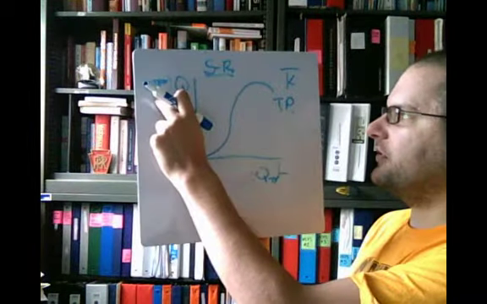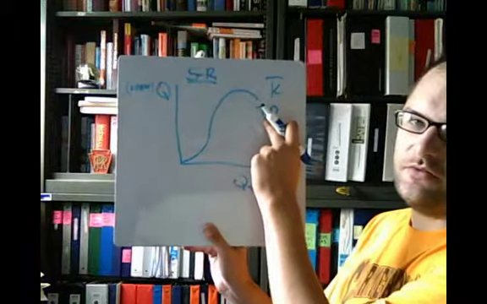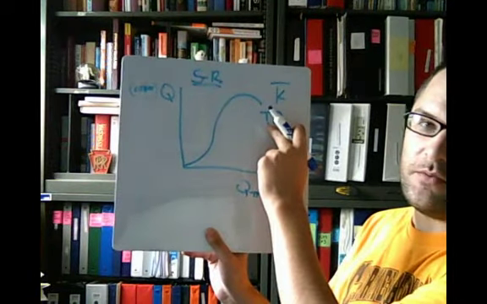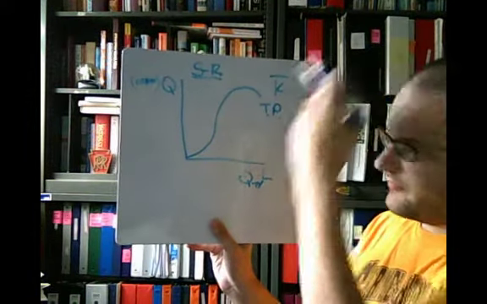So here's my output good. The total product, the thing that we're producing, the output good.